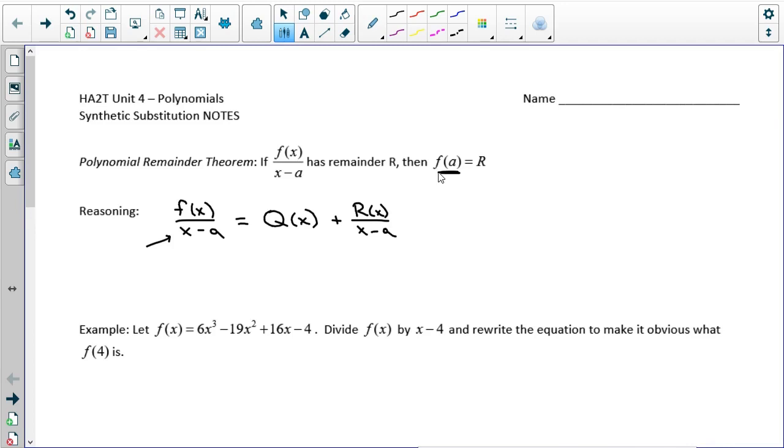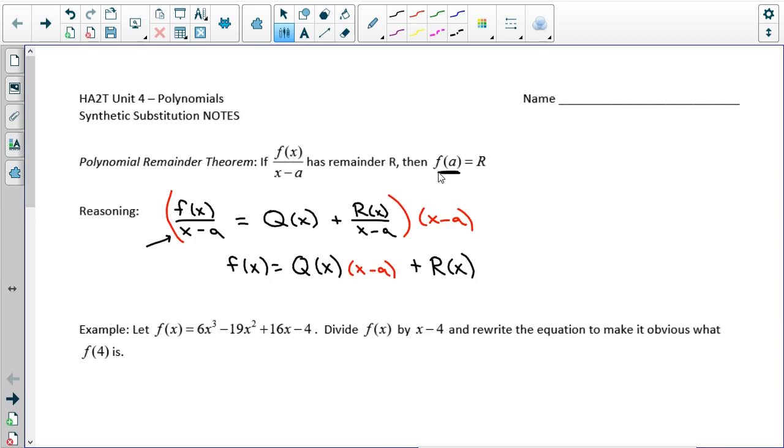So if I multiply the entire equation through by x minus a, what I'm left with is f of x equals q of x, which is whatever my polynomial part was, times x minus a, plus the remainder.